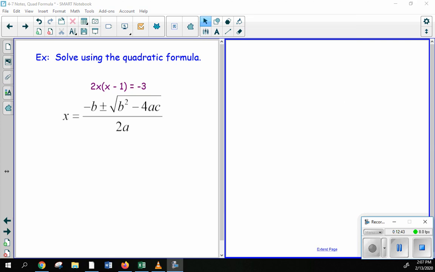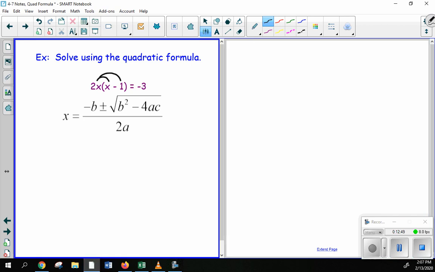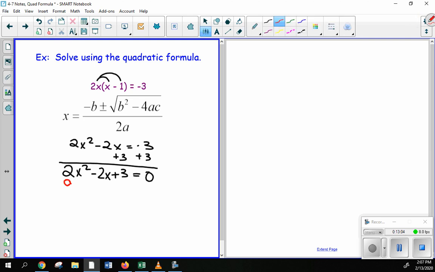Okay, final example. I have to rearrange my equation first. I'm going to distribute, so I have 2x squared minus 2x minus 3. Add 3 to both sides so I can set it equal to 0: 2x squared minus 2x plus 3. Now I have the A and C value. A is 2, B is negative 2, and C is 3.